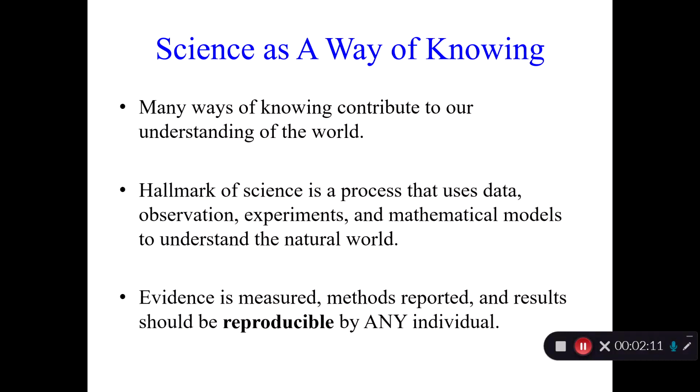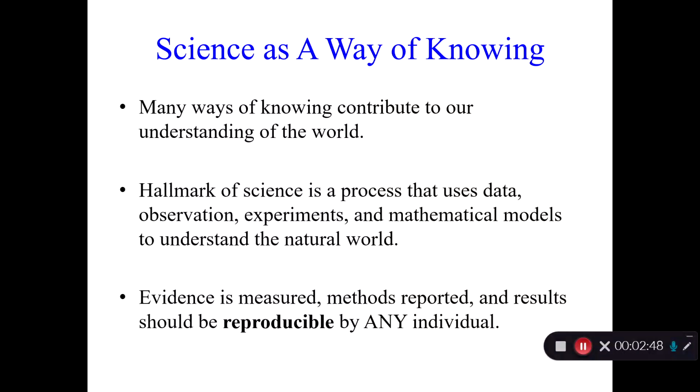So again, evidence is very important. We're quantifying things. And you'll see in here that I also talk about methods, that the methods that a scientist uses are reported. And the reason for this is because anything you do in science should be reproducible, right? So if I go out and I measure the stars, for example, and I publish a paper on it, I put all of those methods in there so that the next astronomer can go and try to do those exact same methods, and they should get the exact same results.